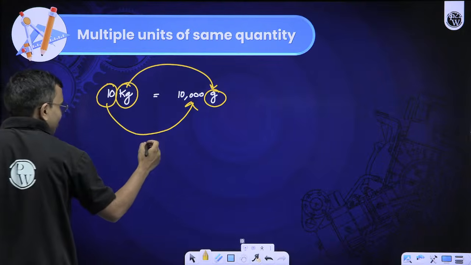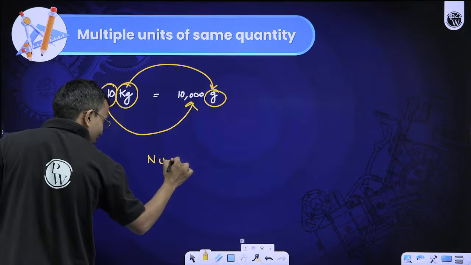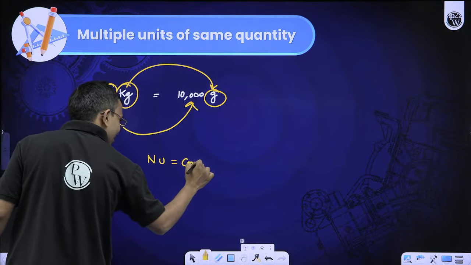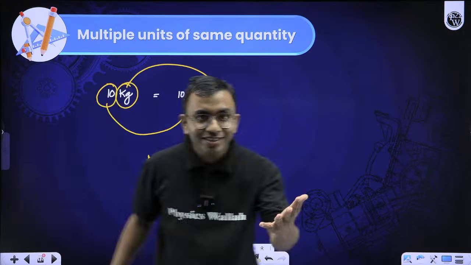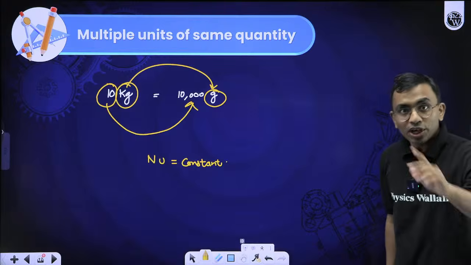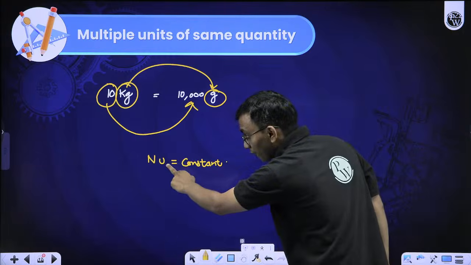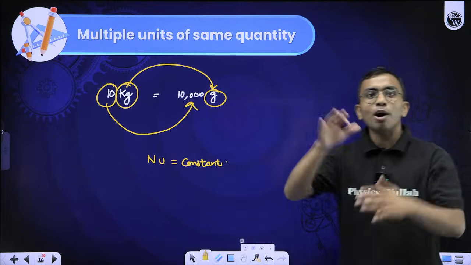So basically my physical quantity is having the numerical value and the unit, and this product is basically constant. If you choose another system of unit where the unit is bigger, the numerical value will become smaller. If you choose a unit that is smaller, the numerical value will become bigger. It's the opposite relation.